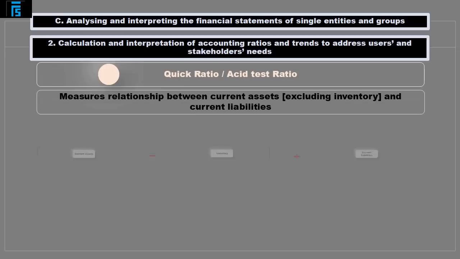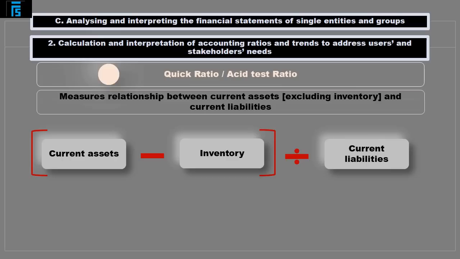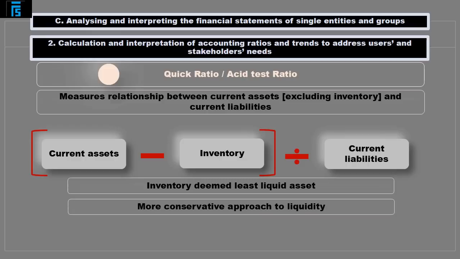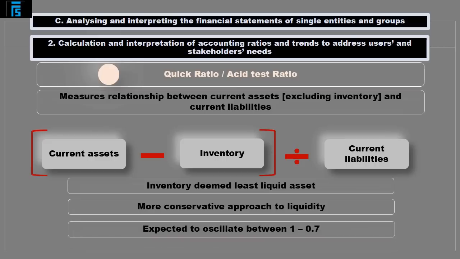This time, however, the numerator specifically excludes inventory, which is deemed to be the least liquid of all current assets, in the sense that it is furthest away from turning into cash. By eliminating inventory and focusing on quick assets only, that is on trade receivables and cash balances, the quick ratio provides a more conservative assessment of a company's liquidity. Its level would typically be expected to oscillate between 1 and 0.7.